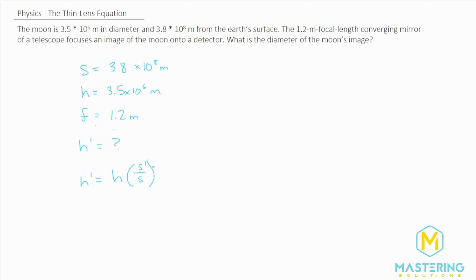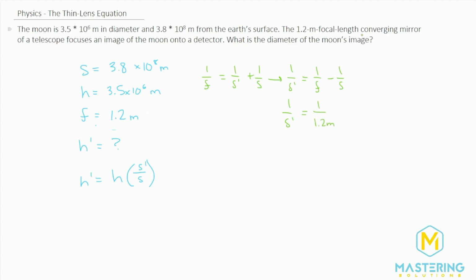And so we have the object height, we have the object distance, but we don't know what the image distance is. So we have to use the thin lens equation to solve for that. We know that 1 over f is equal to 1 over s prime plus 1 over s. We're trying to solve for s prime. So if we subtract 1 over s, we have 1 over s prime is equal to 1 over the focal length minus 1 over the object distance. So 1 over s prime is equal to 1 over the focal length, which we said was 1.2 meters.